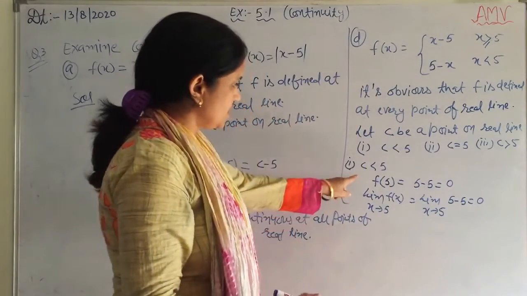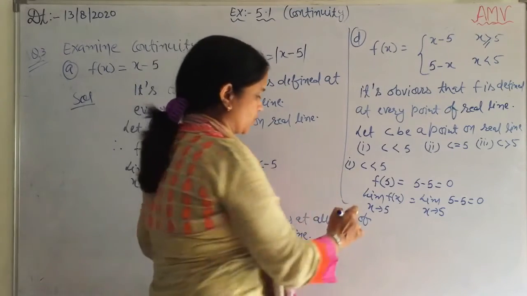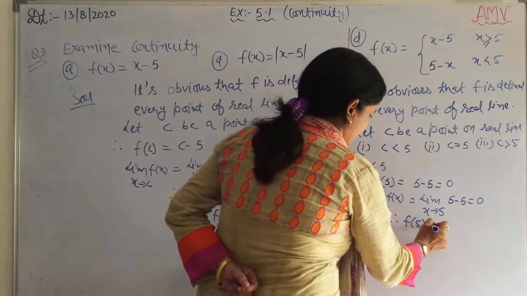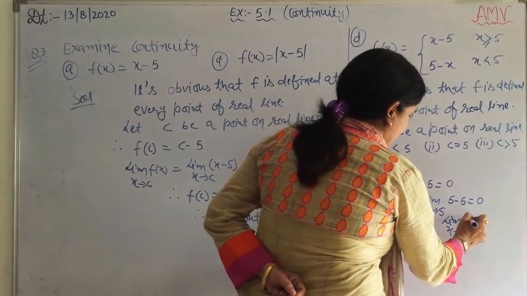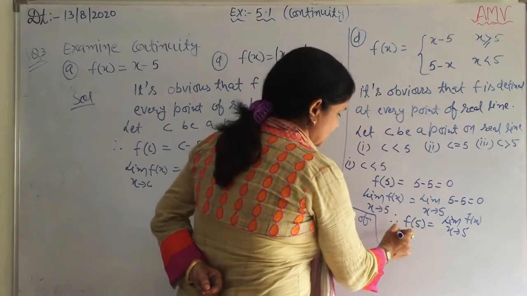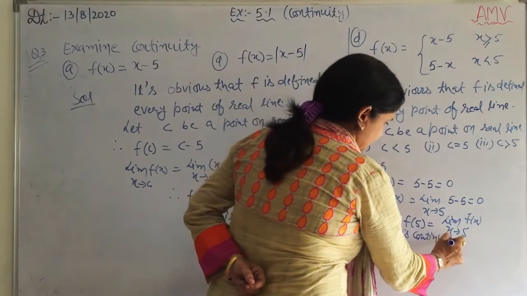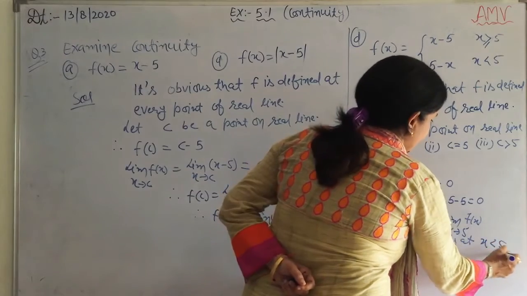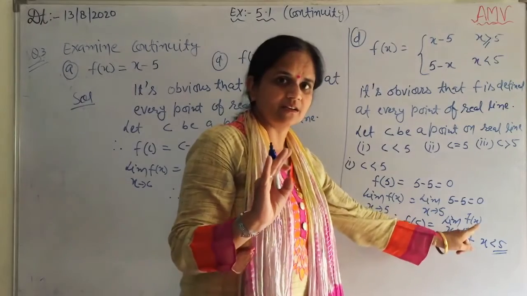Now see, the value of the function and the limit both are equal. It means the function is continuous at x less than 5. At which point? Only x less than 5.